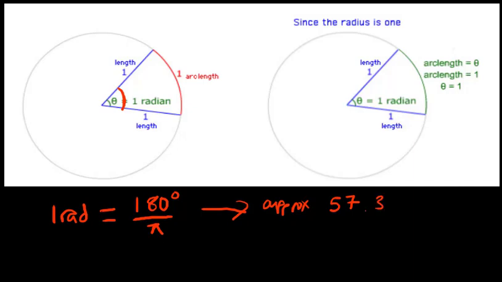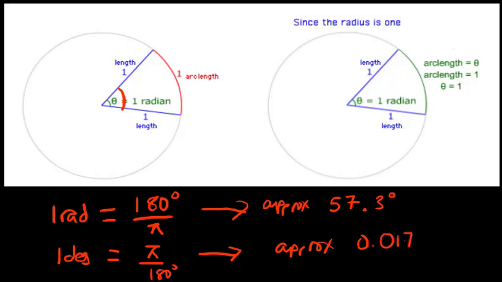And 1 degree, if we calculate it, is equal to pi over 180, which is approximately 0.0175 rad.